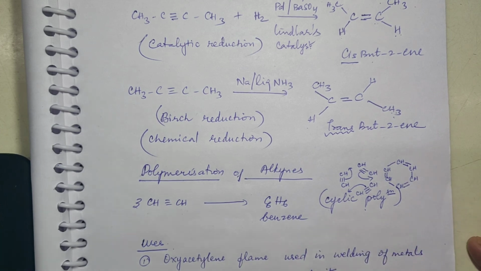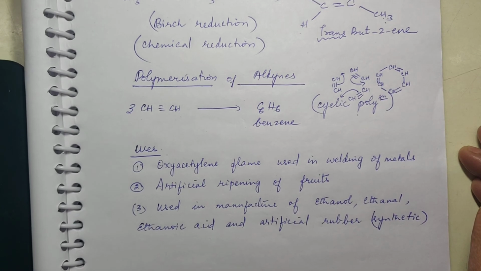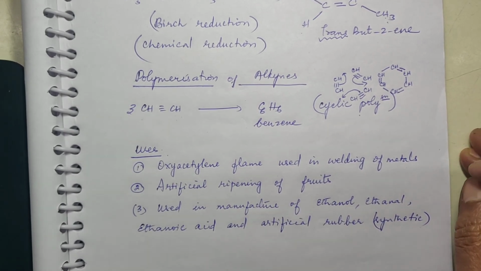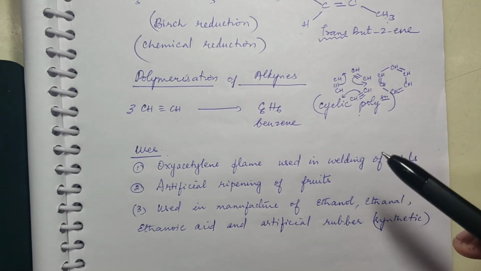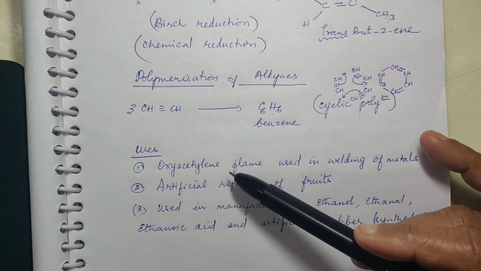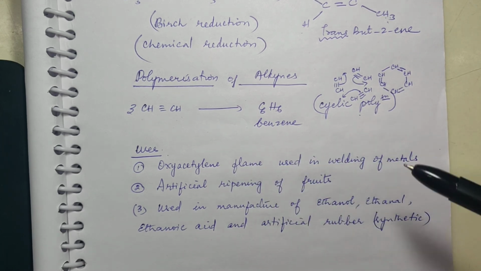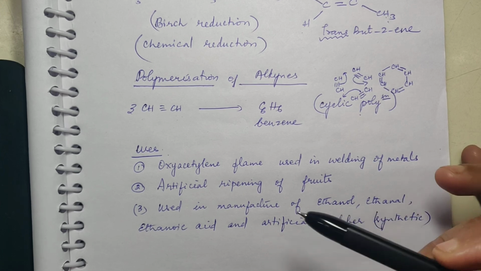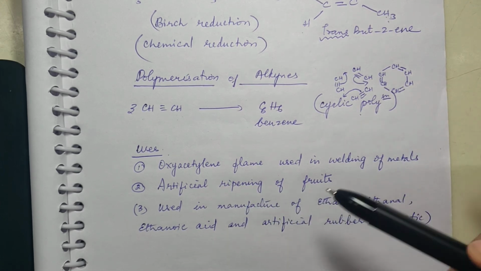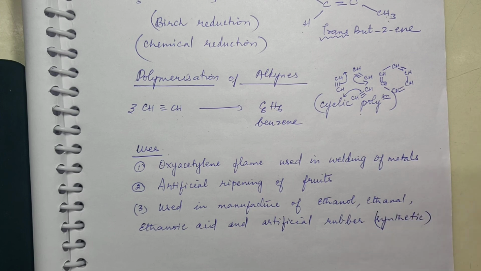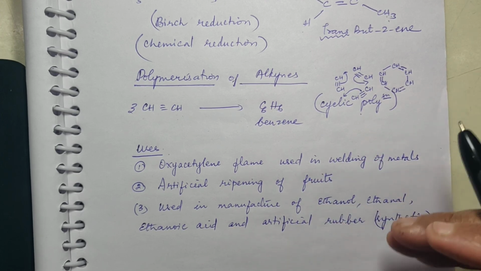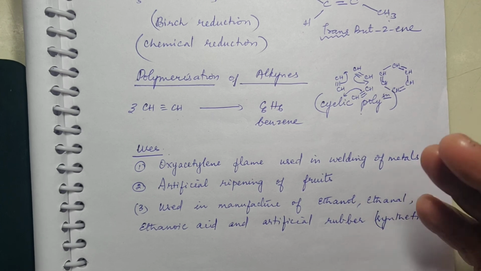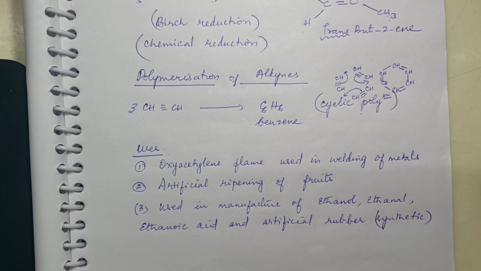Now what are the uses? Acetylene is used in oxyacetylene flame, which is used in welding of metals. Then it is used in artificial ripening of fruits. They spread this gas over the fruits and allow them to ripen in an artificial manner, not naturally.